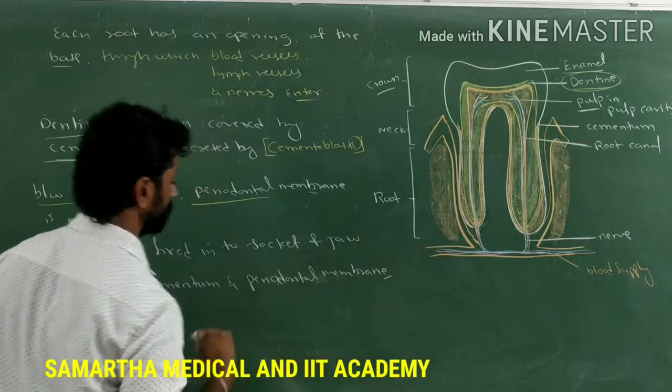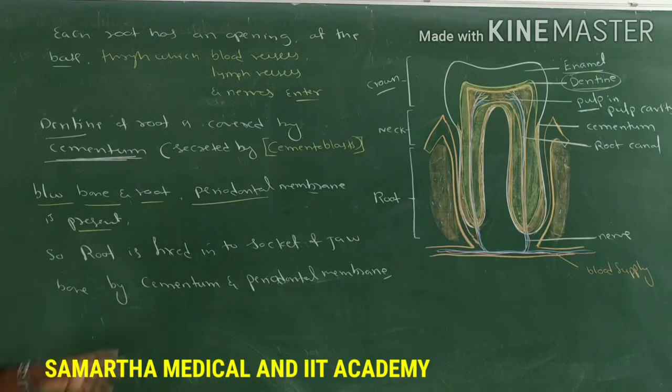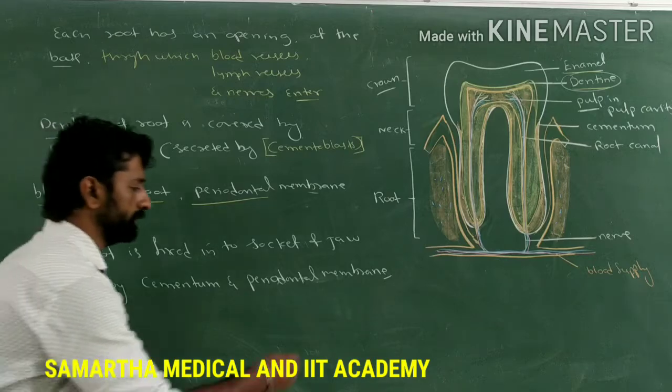So the periodontal membrane as well as the cementum helps in the fixation of the root part of the tooth into the socket of the jawbone.